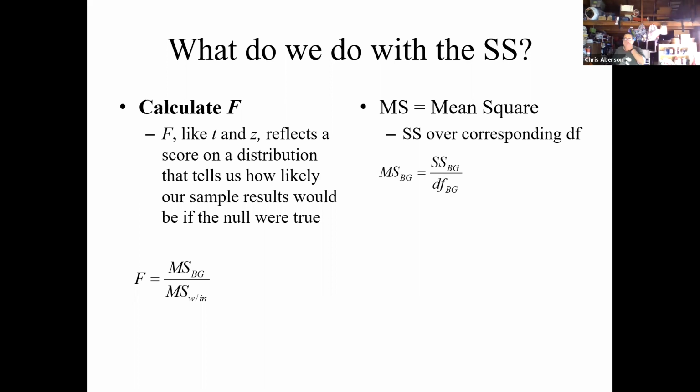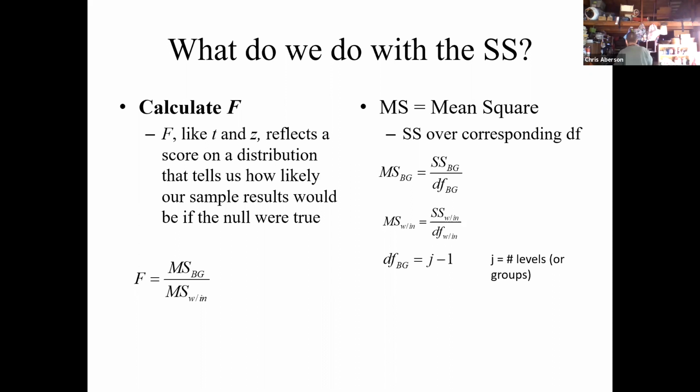So the mean square between group is sums of square between over degrees of freedom between. Mean square within, you could probably guess at this point, is sums of square within over degrees of freedom within. Degrees of freedom between is defined as j minus 1, where j simply means how many groups you have.